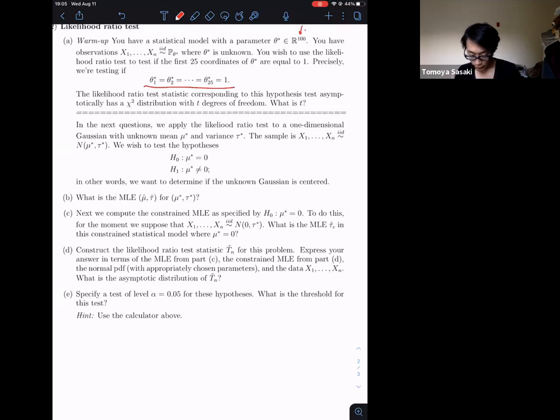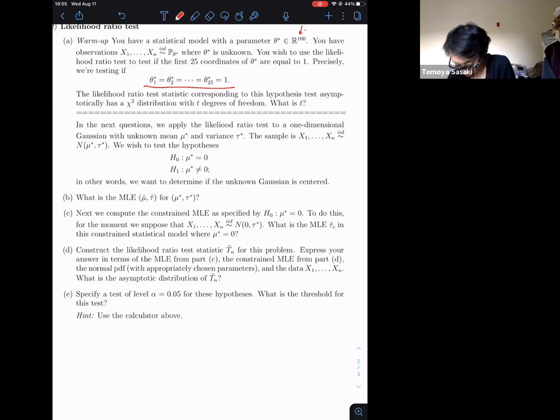In the following 4 questions, we're asking you to construct test statistics for this Gaussian distribution, and we want to test these two.